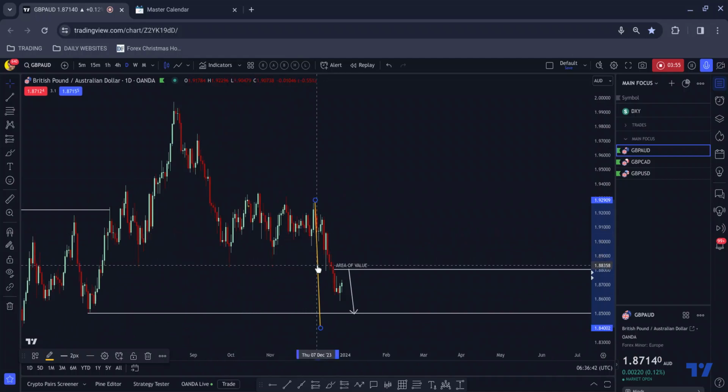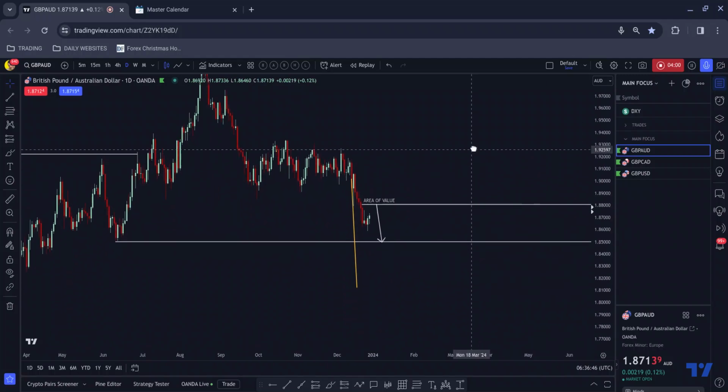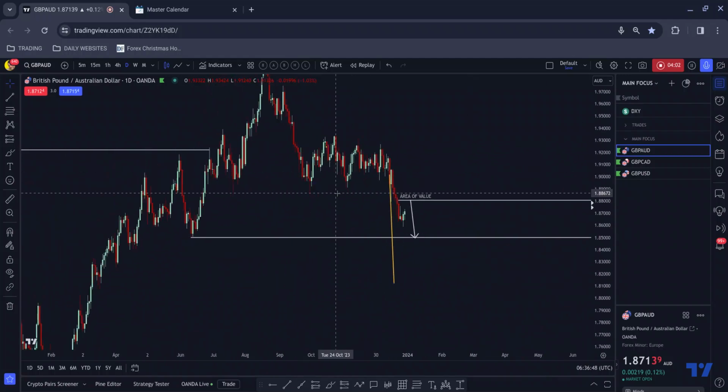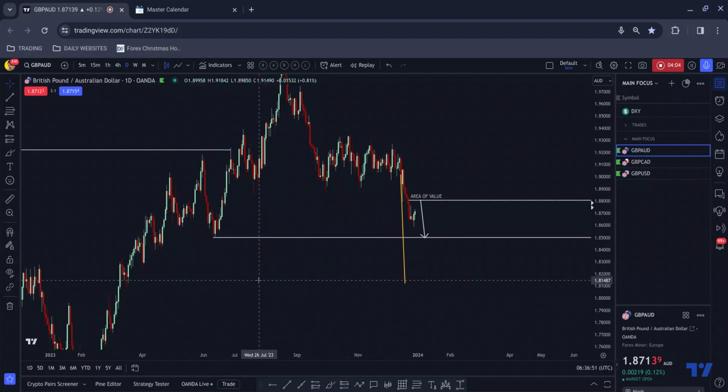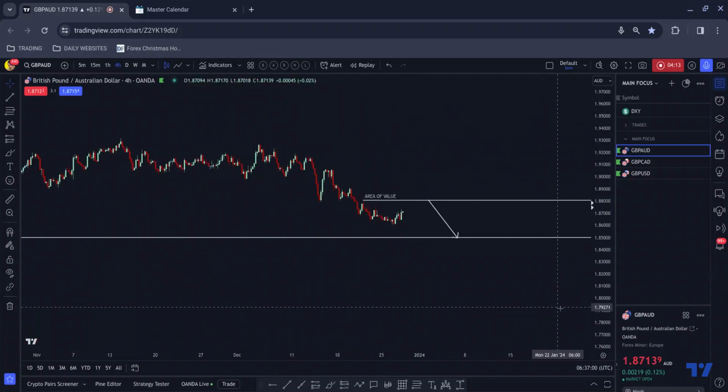Okay, and if we took it to the break of this correction, because often, as I said, the volume that is built up within these corrections can dictate how far price moves down, that would take us down to this area as well.